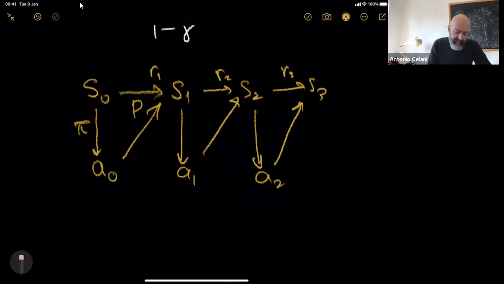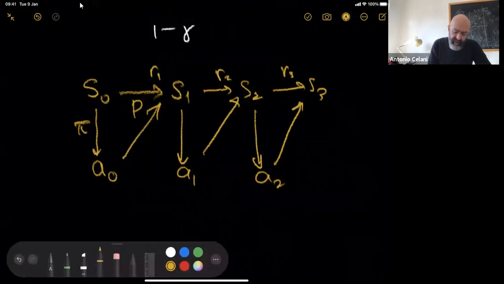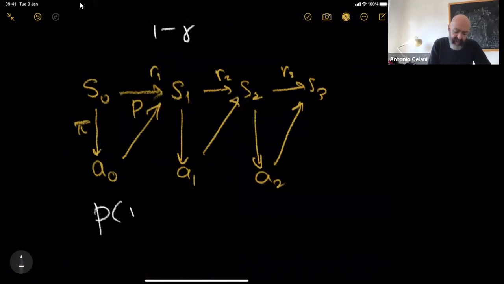I've been saying that there is a probability distribution which generates rewards and new states.